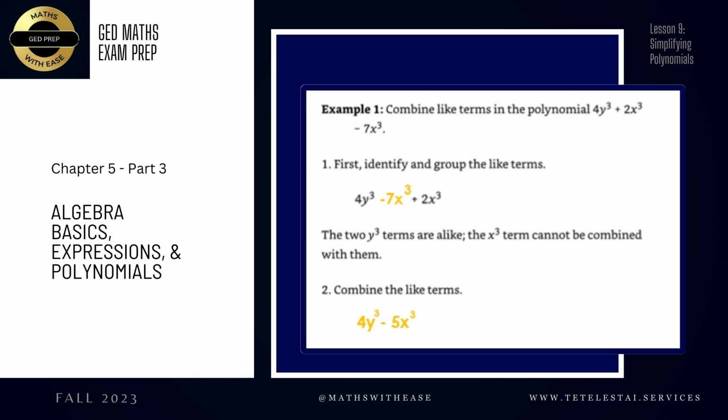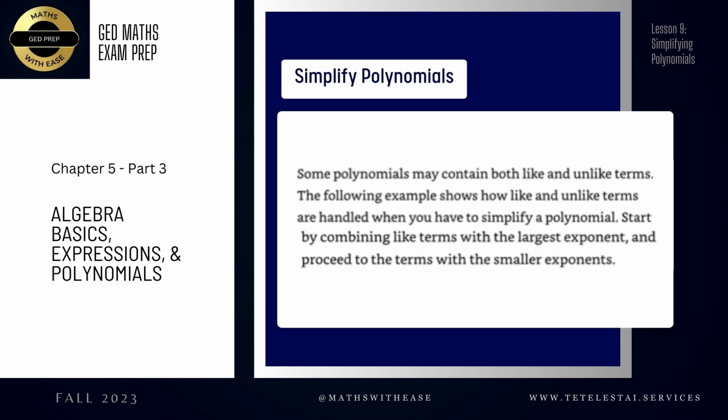And so you would then just carry on with your procedure based on that knowledge. So again, we decided that negative 7x cubed plus 2x cubed is negative 5x cubed. Okay.